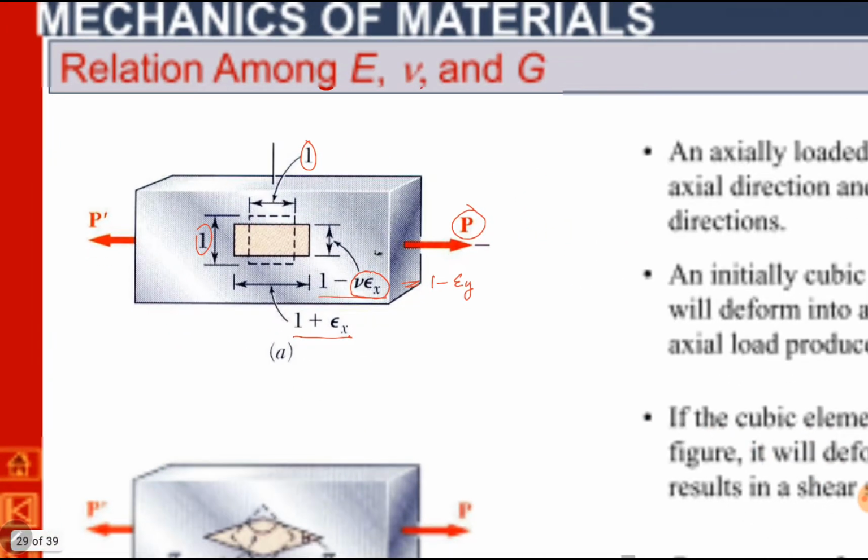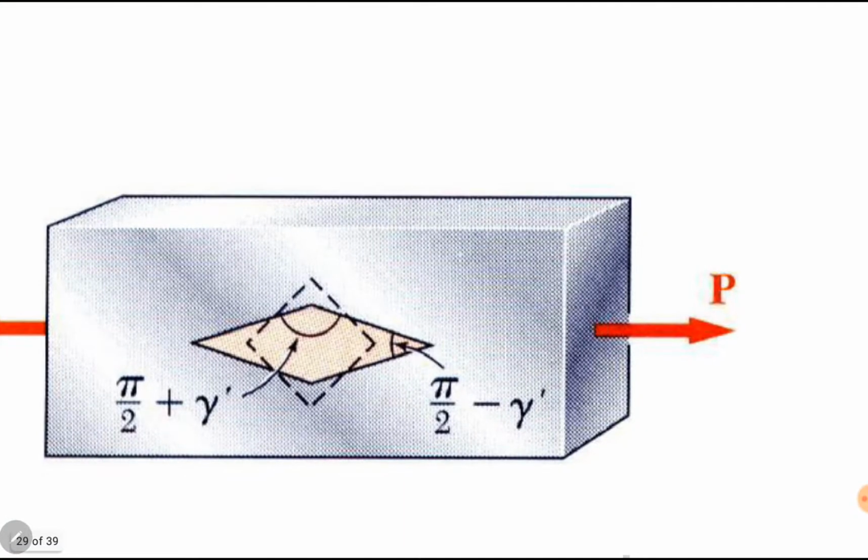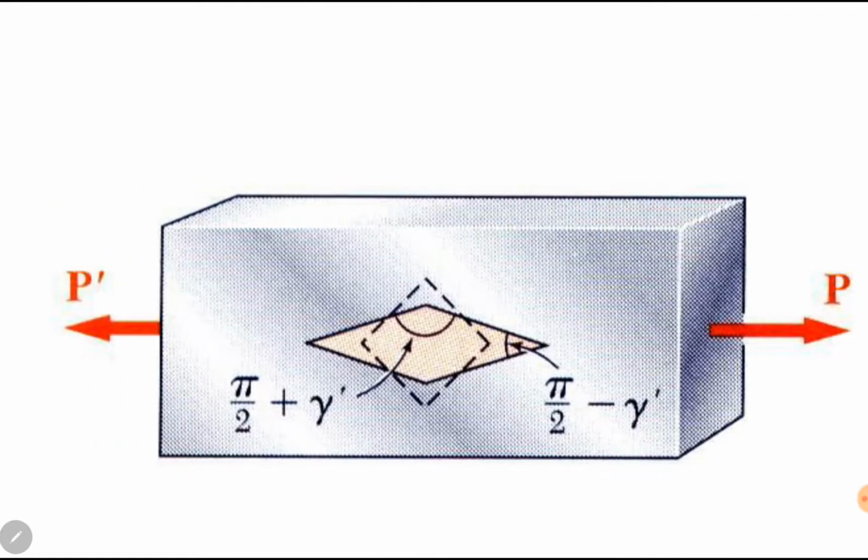Okay, instead of this cube, if we have the same cube in another orientation like this dotted one, and we apply force on it, we can see there will be a change in angle of the sides of this cubic element. So this cubic element has been converted into a rhombus. So the axial force has resulted in a shear strain.